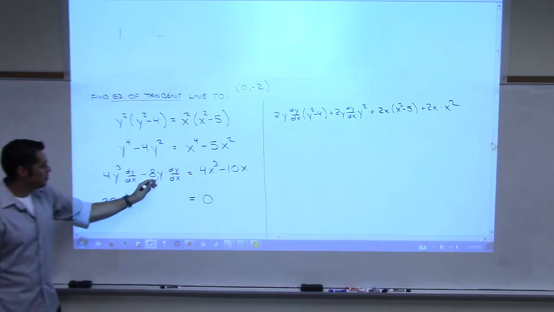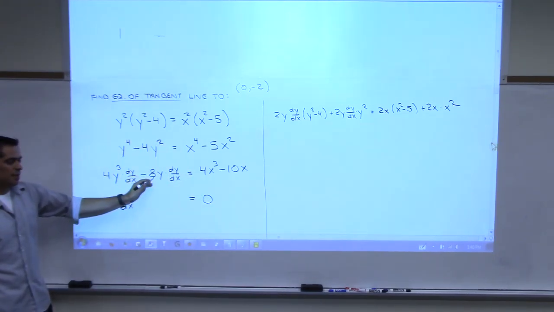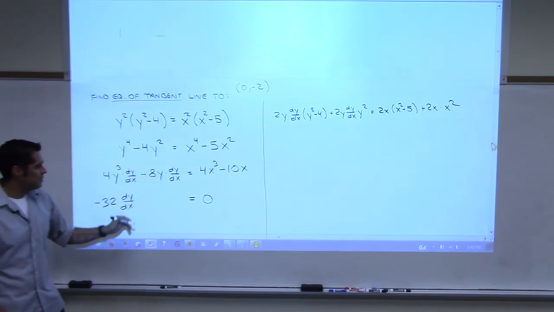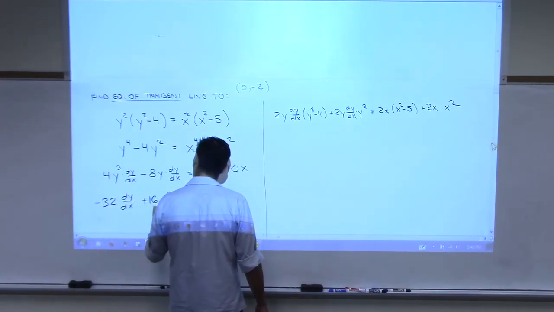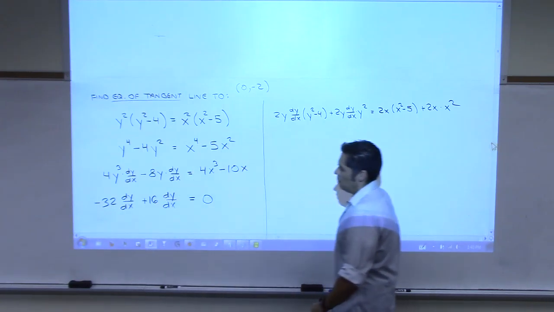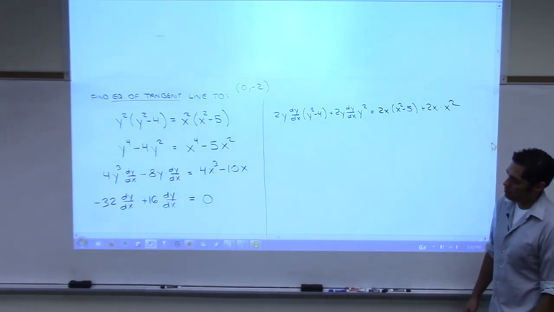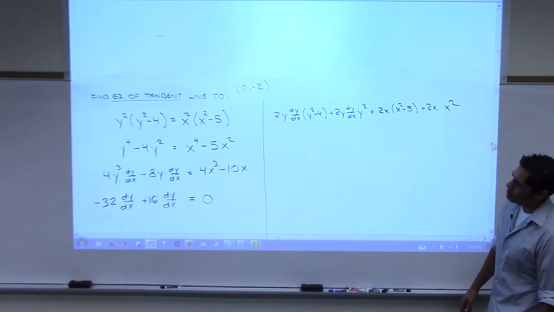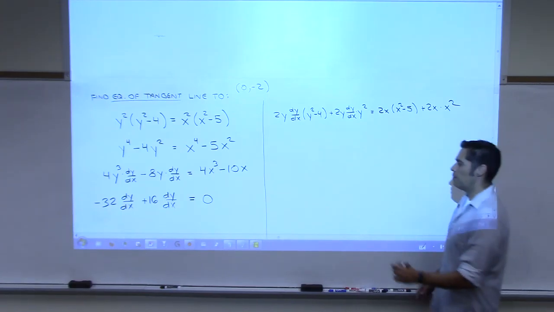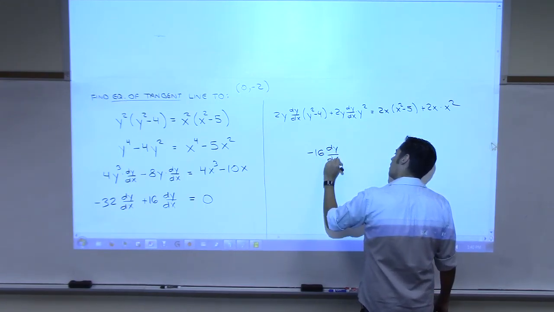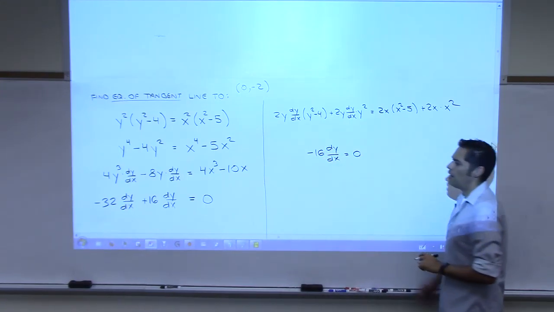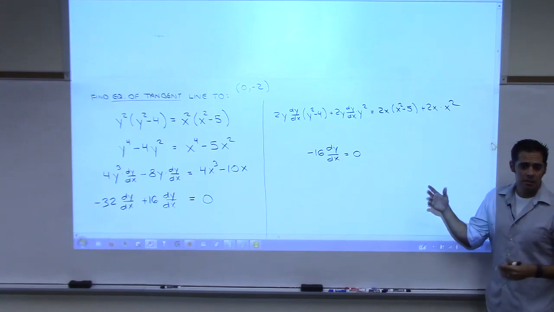If I plug in negative 2 right here, I get negative 8 times negative 2, which is positive 16, so 16 dy dx. It's going to be negative 16 dy dx. When you put them together, negative 16 dy dx equals 0, then divide both sides by negative 16, and you still get 0.